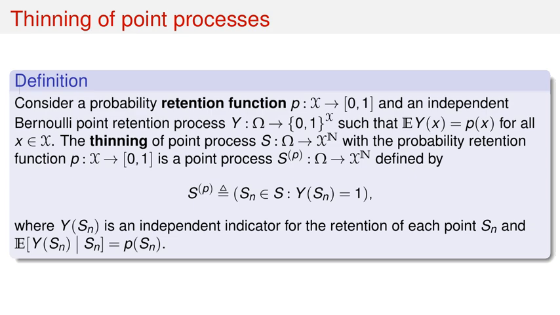Now let's turn to the thinning of point processes. Consider a probability retention function p, which maps from X to the closed interval [0,1].